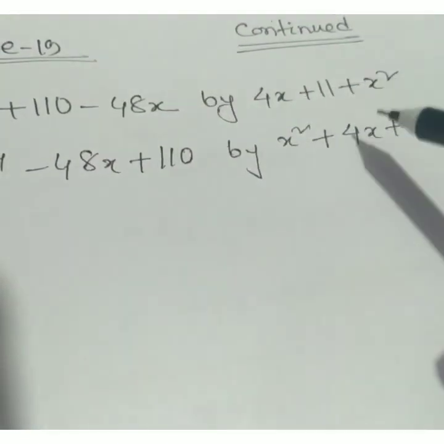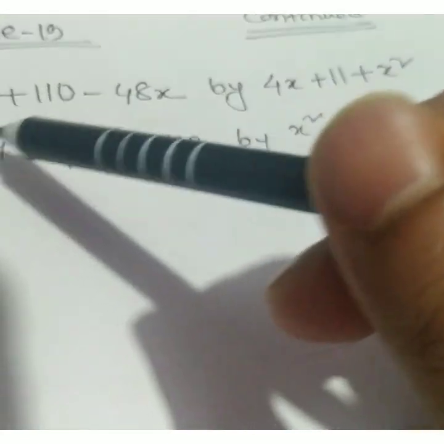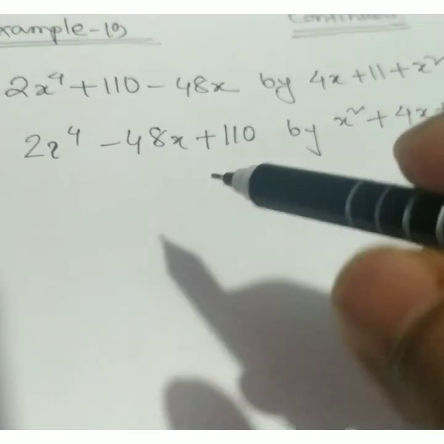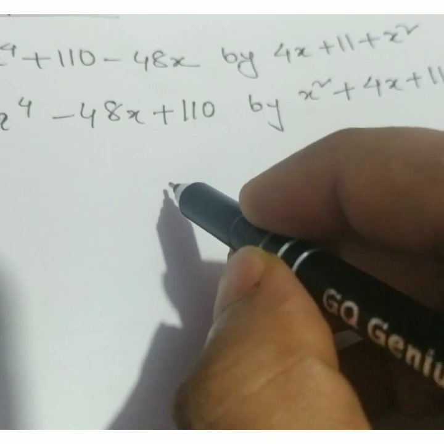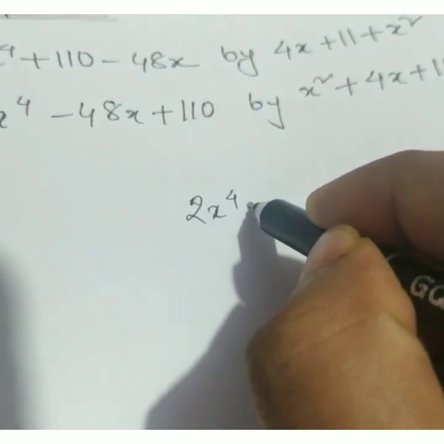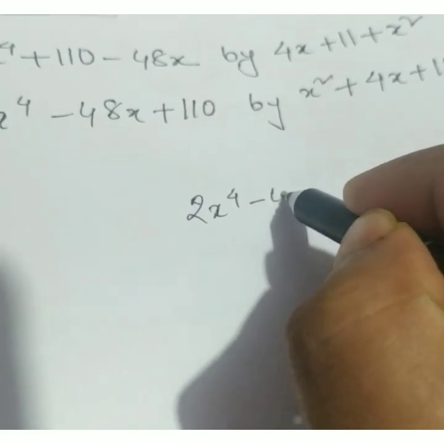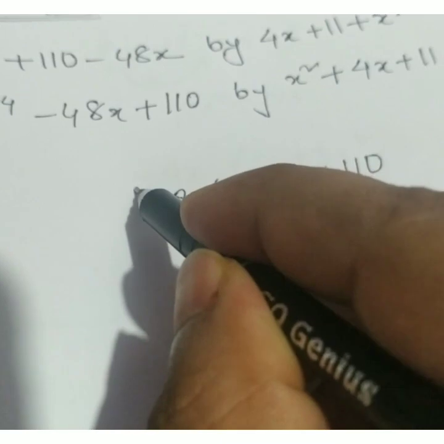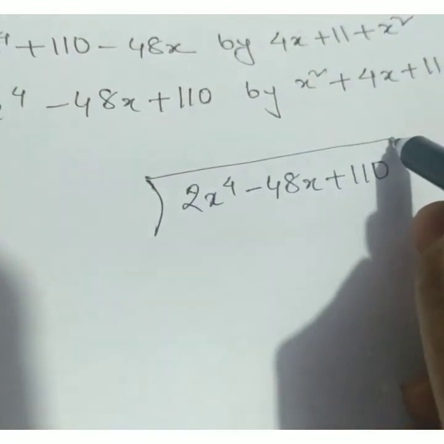First of all, we need to arrange the expression in descending powers of x. Okay, then we will start division. So let's say 2x4 minus 48x plus 110. Okay, remember the basic which I told.